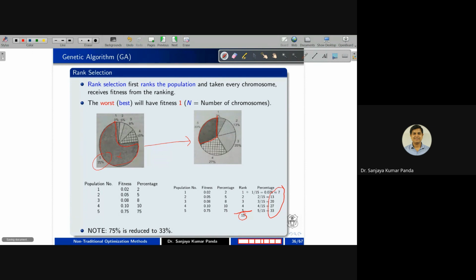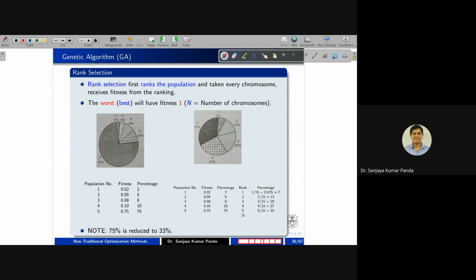So what we did, we ranked the 5 populations, and we divide its rank by the sum of all ranks. The rank is the weight, not the area now. Yeah, we can say weight only. Rank is the weight, not the area. It is 5 times heavier than the first one, but not having 75% of the area. It is 5 times heavier than the first rank.